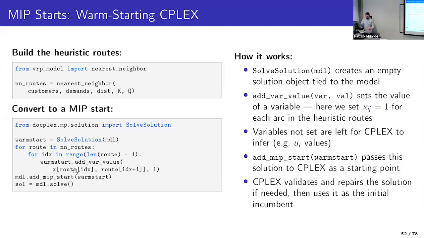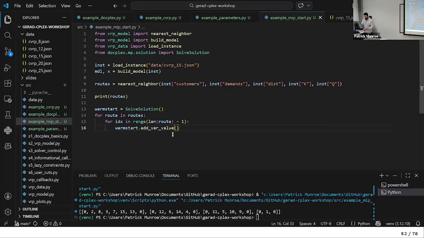So what we do here is that for each route, we start with index 0 at the depot, and then we look at what is the next node, and we go arc by arc, and we set it equal to 1.